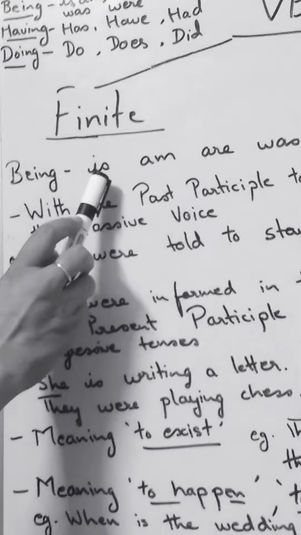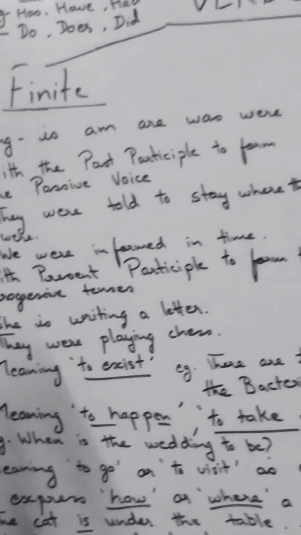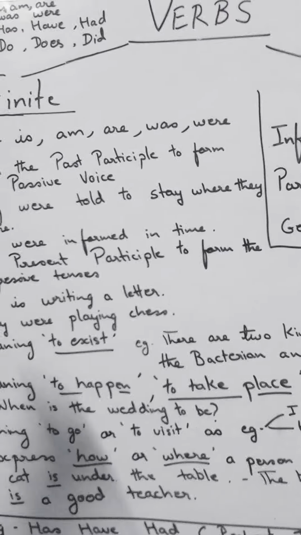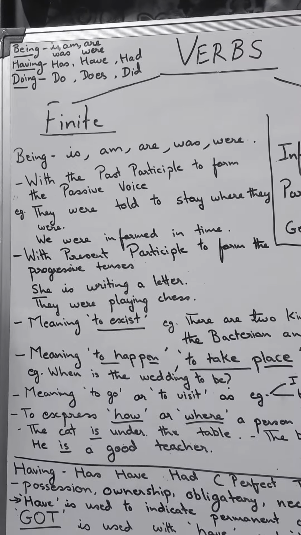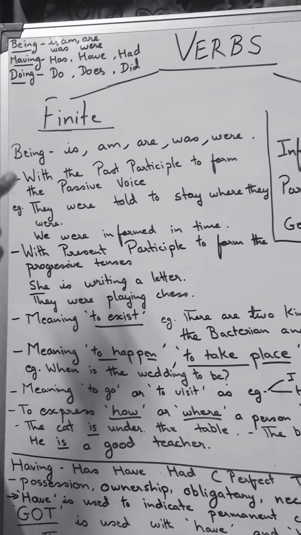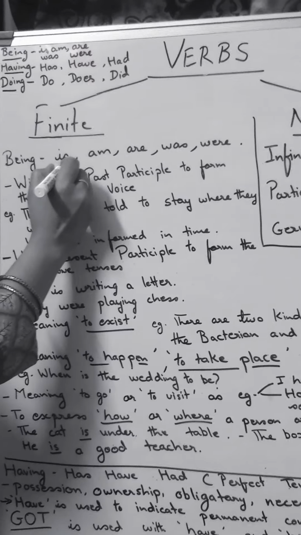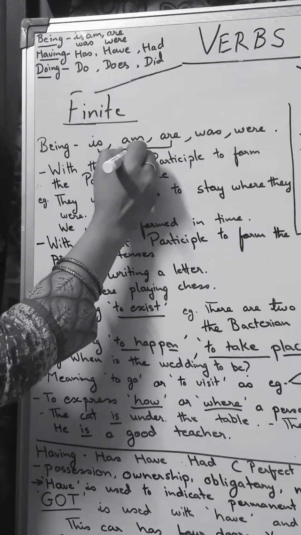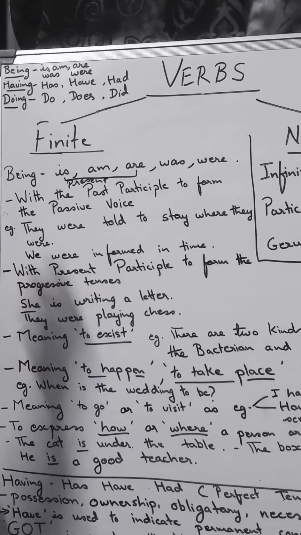Being comprises is, am, are, was, were. I repeat, is, am, are, was, were. These are the auxiliaries which come in finite verbs. Is, am, are, all the three are for the present tense. But what is the difference between all the three?